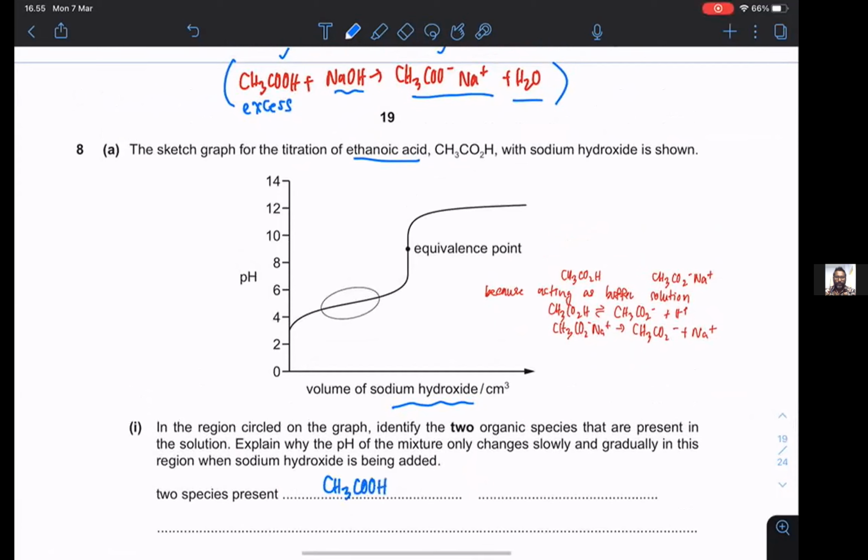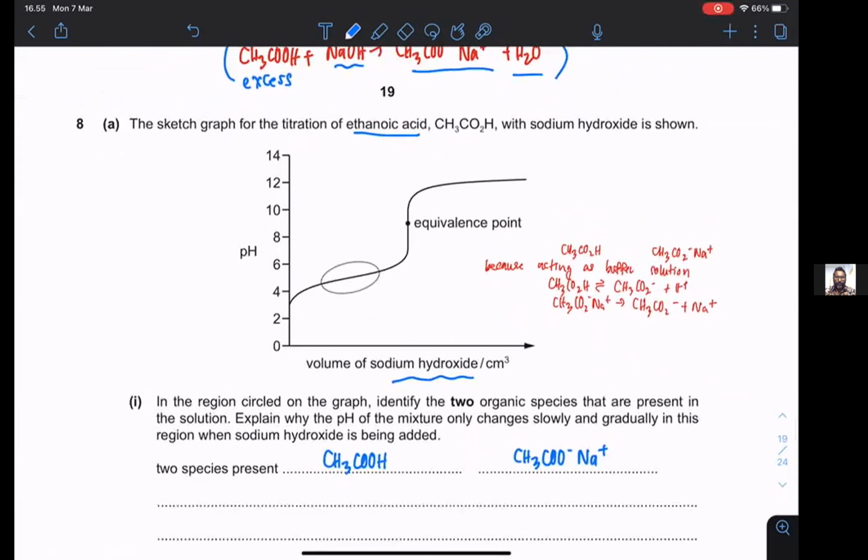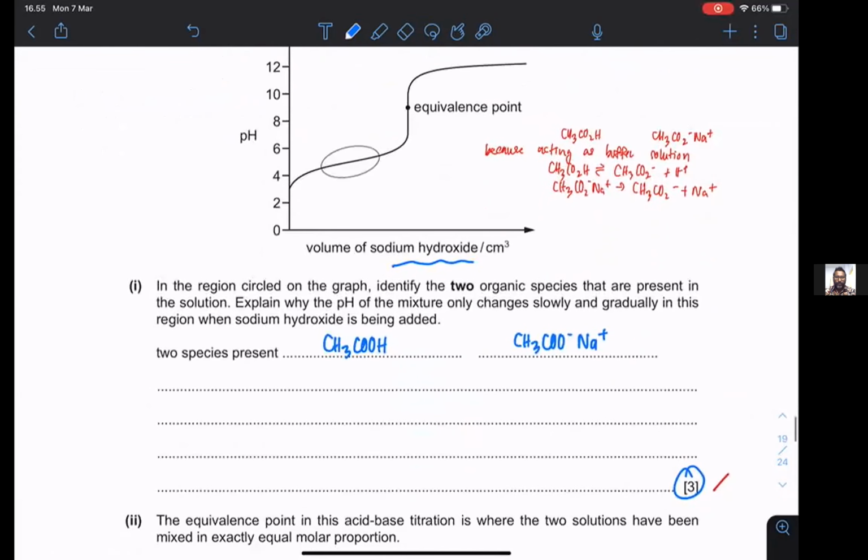Ethanoic acid, and then you are going to have CH3COO minus and Na plus. So this is identifying the 2 organic species. If you want to give names, then you write down ethanoic acid and sodium ethanoate. And we know that the presence of ethanoic acid, a weak acid, and the salt of the weak acid is going to form a buffer solution.